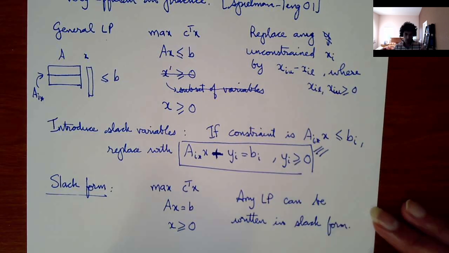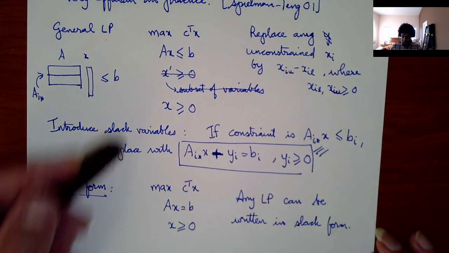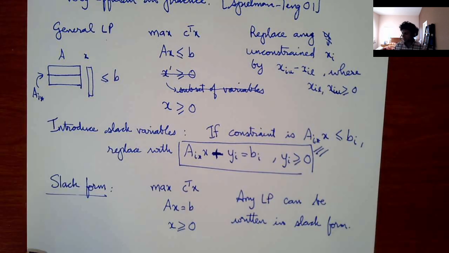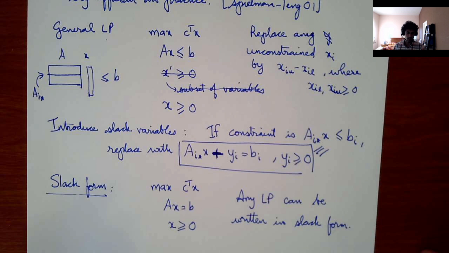While the slack form would not be convenient when we want to argue about the LP mathematically, because all these extra constraints can sometimes cloud our understanding of the LP, from a computational standpoint, when we replace by a slack form, then describing an algorithm that solves the LP becomes much easier.